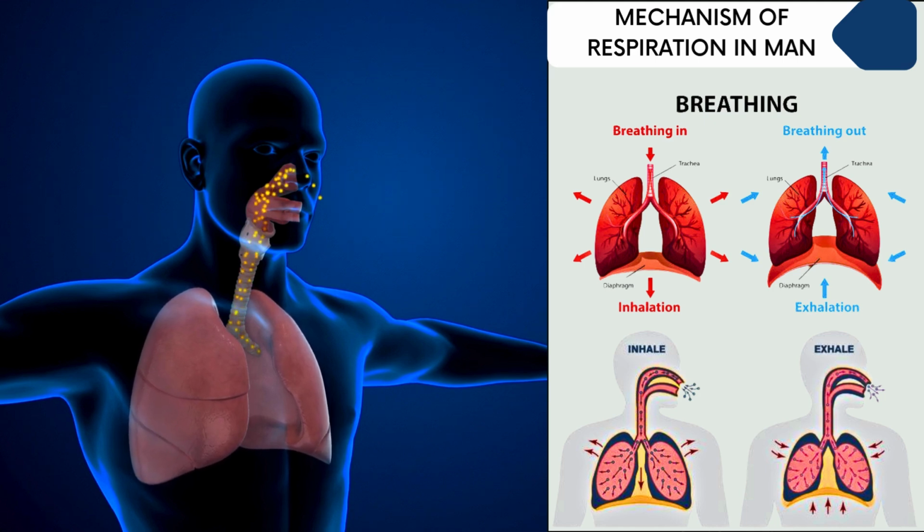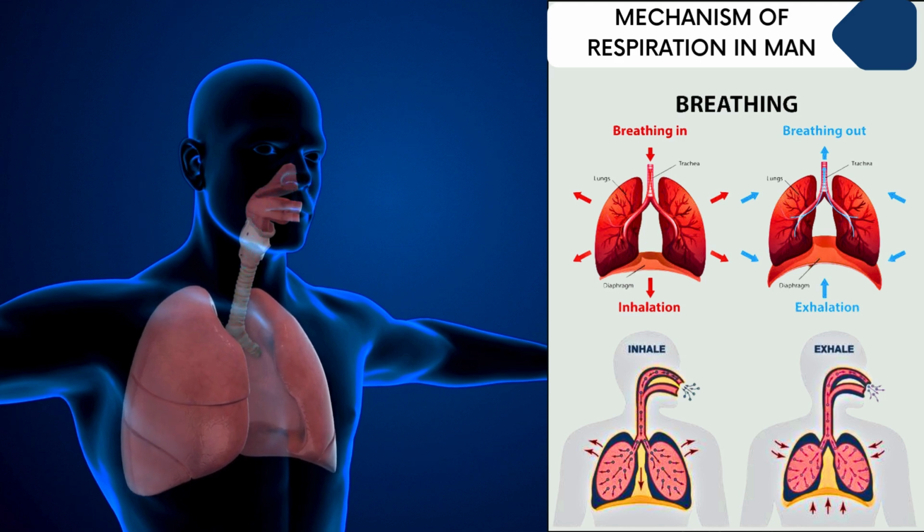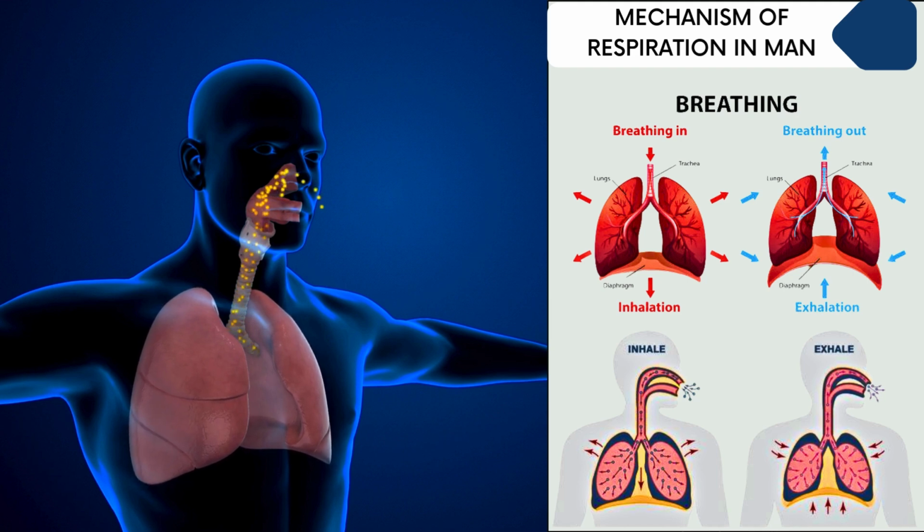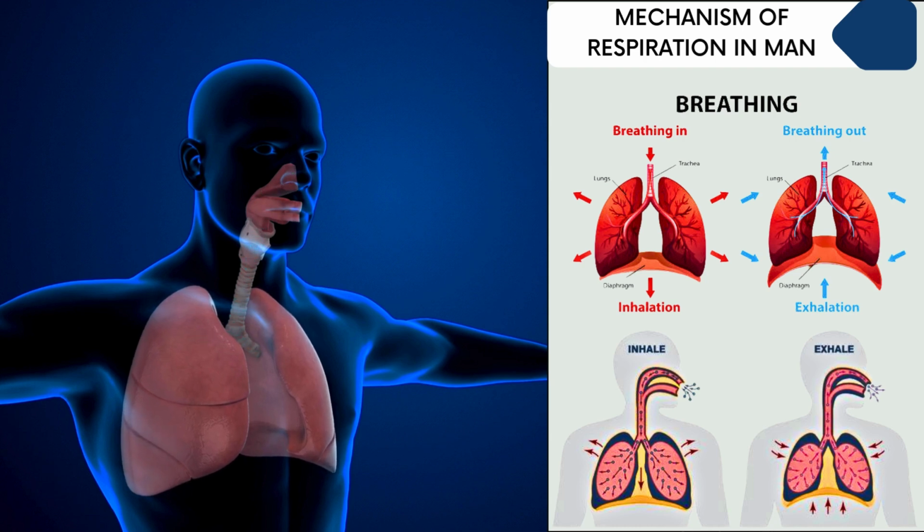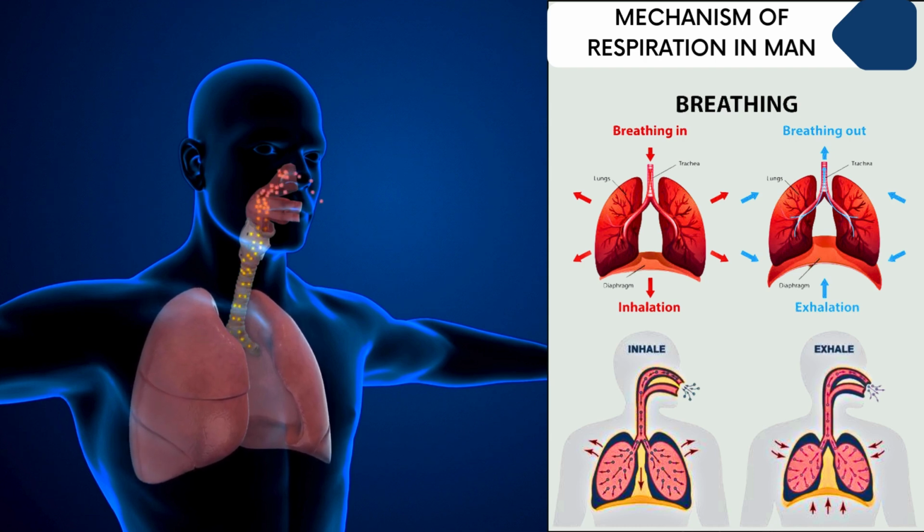Consequently, air containing waste products like carbon dioxide and water vapor from inside the alveoli or lungs is forced out through the bronchioles, the bronchi, the trachea, and finally out through the nose. This finally leads to a decrease in the size of the lungs.